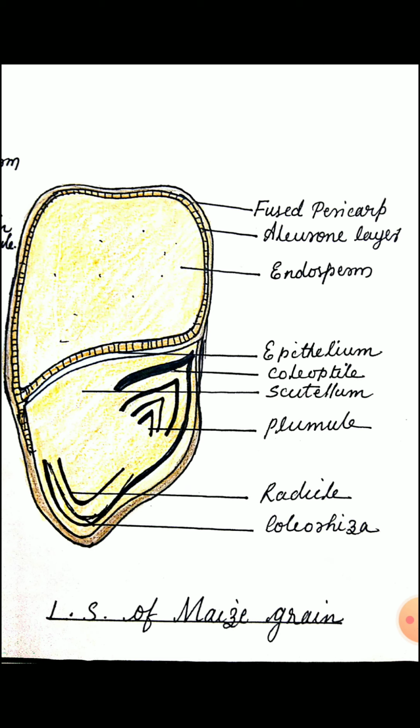Coleorhiza is the membranous covering of the radicle. The plumule is towards the upper side and covered with a membranous covering called the coleoptile. Coleoptile is the membranous covering of the plumule in maize. So coleorhiza and coleoptile are the two membranous coverings of the radicle and plumule in a maize grain. This is the structure of a maize grain.